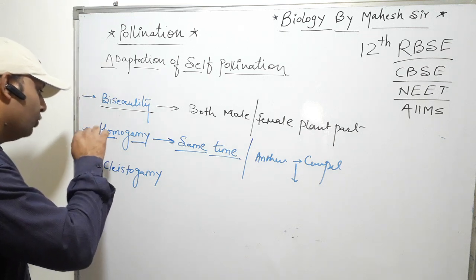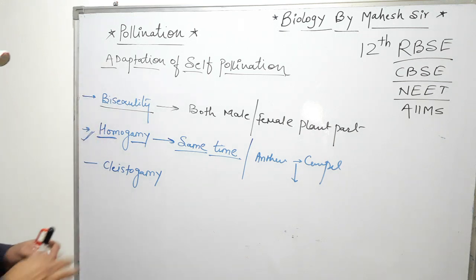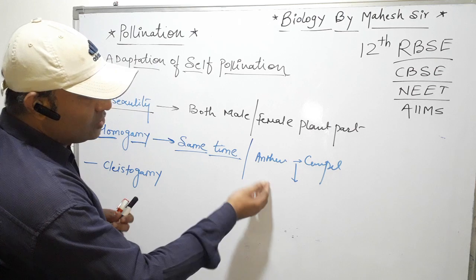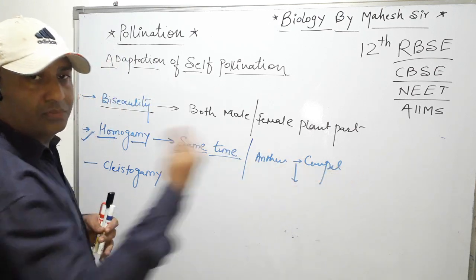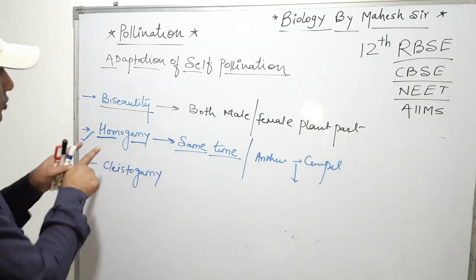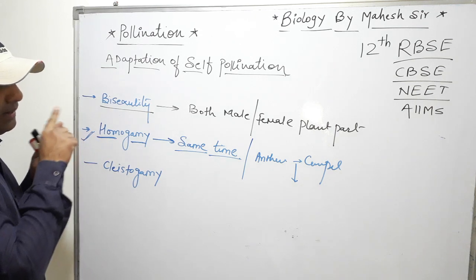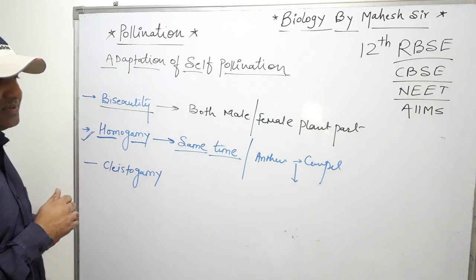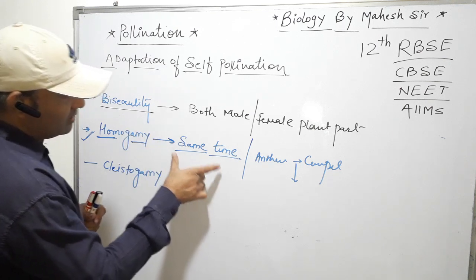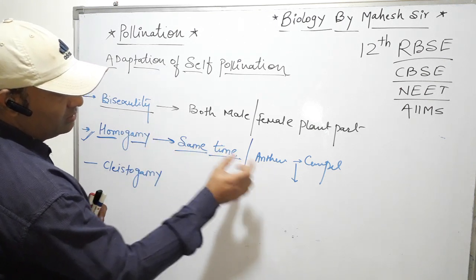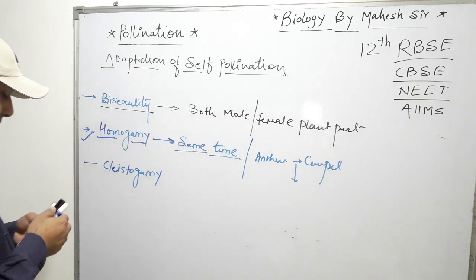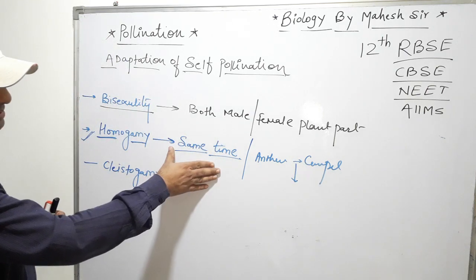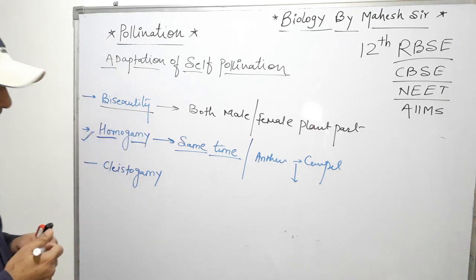That time it is called homogamy. In some other cases, when the anther matures first and then the carpel matures afterwards, it improves the chance of cross-pollination. But in case of self-pollination, homogamy increases the chance of self-pollination. That means same type maturation of anther and carpel, at the exact same time. Clear? Mirabilis is an example of homogamy.